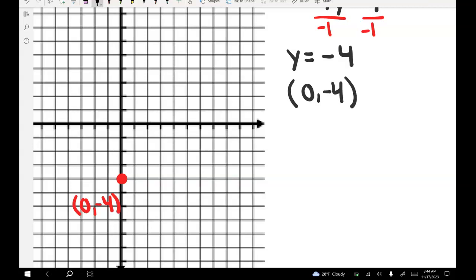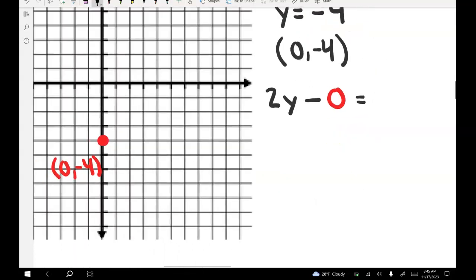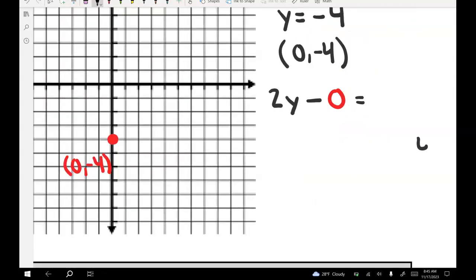And I said my second step was then to do it with the other variable. Now y is going to be 0 and x is just going to stay x. So we write 2x minus 0 is equal to 4. Oops.